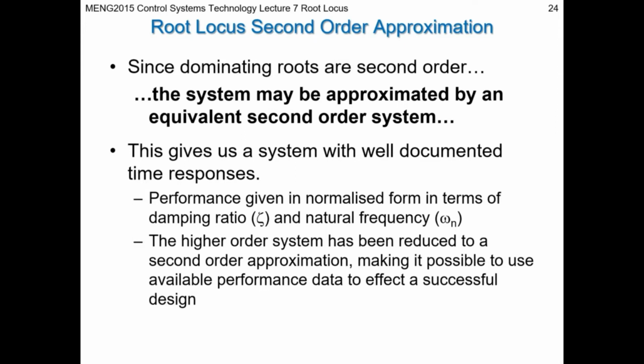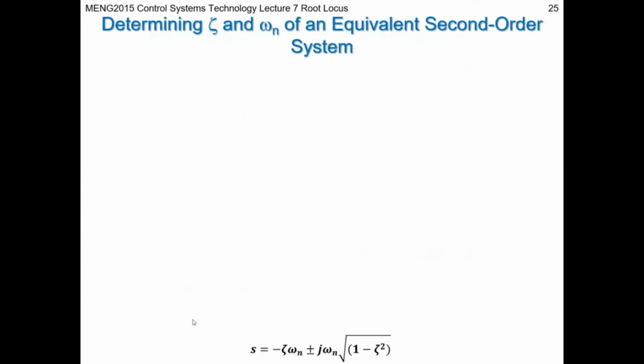So we have a higher order system, we're dealing with a fourth order system, but it's been reduced to a second order approximation, making it possible then to use that second order system's data reasonably well to affect a successful design. It's not going to be precise. You're going to still get some variability, but you can use it reasonably well.